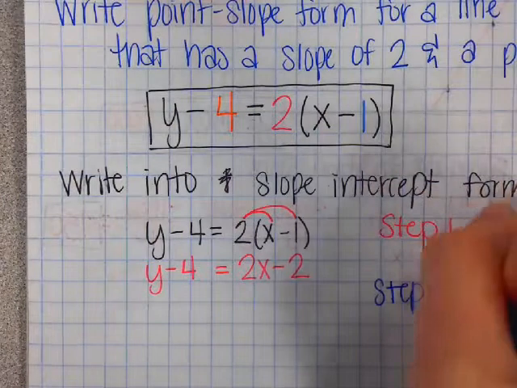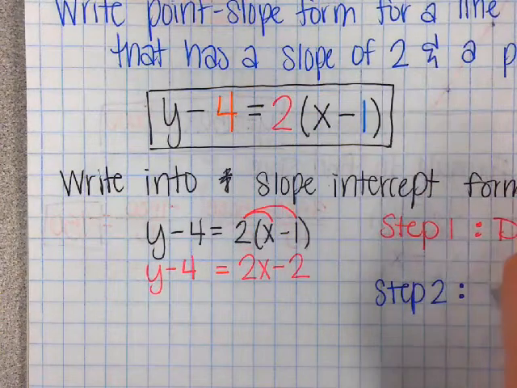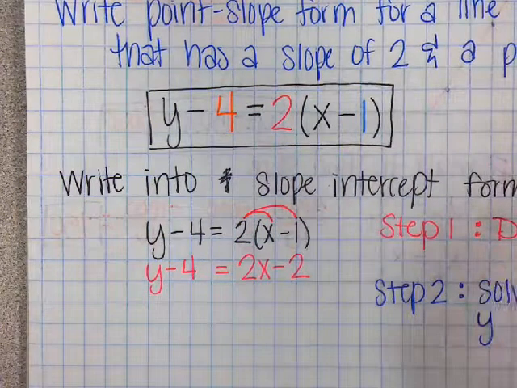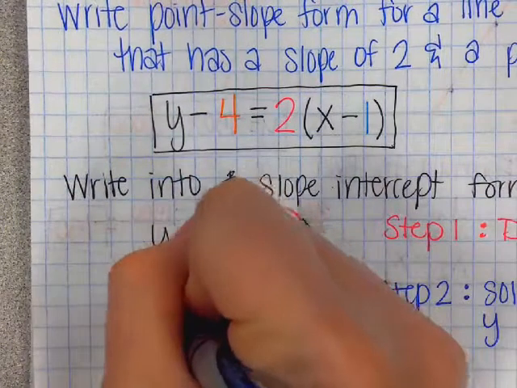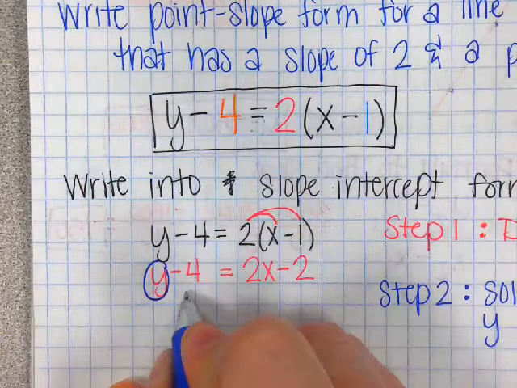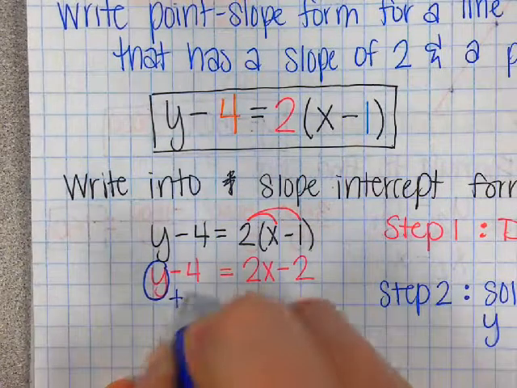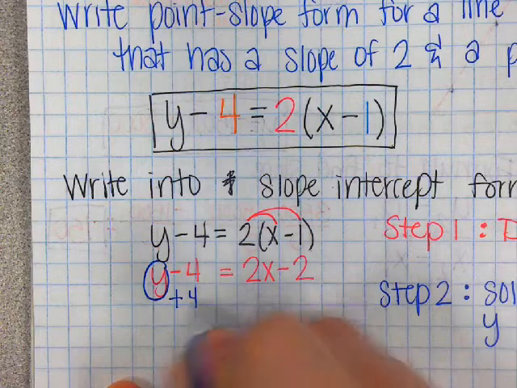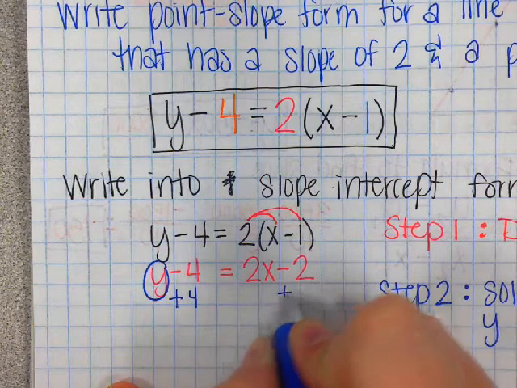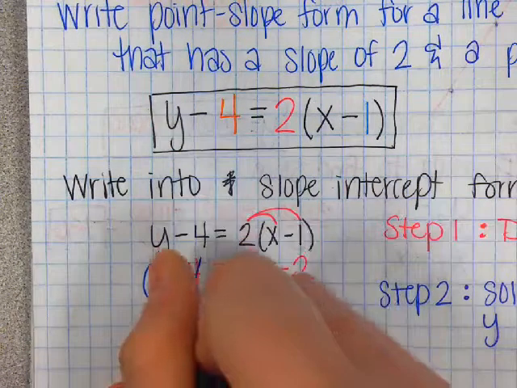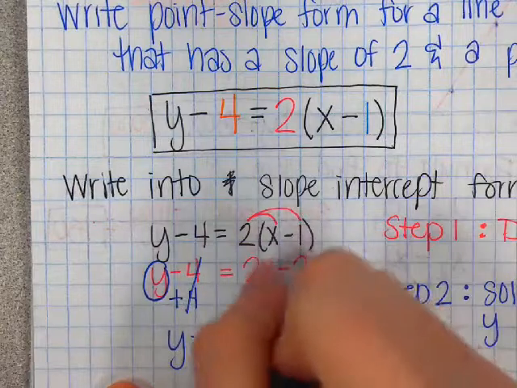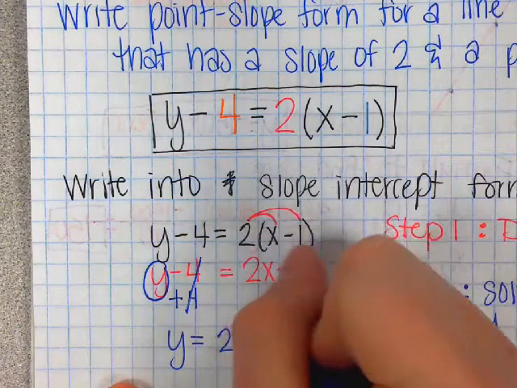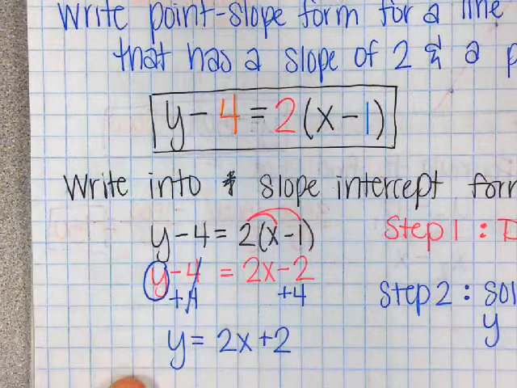Then the next step is solve for y. So if I'm solving for y, what's the opposite of subtract 4? Add 4. Now I can't add it to the 2x because the 4 doesn't have an x, so I'm going to add it to the negative 2. So it'd be y equals 2x. Negative 2 plus 4 is just 2.